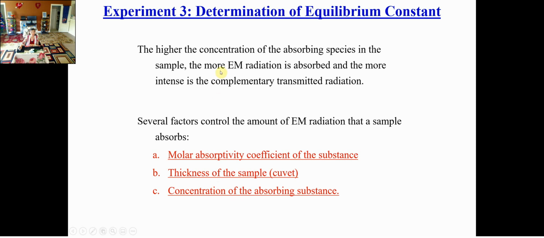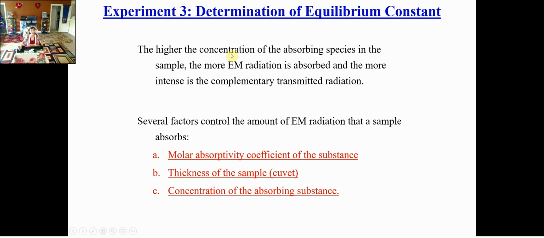That equation is called the Lambert-Beer's law. It tells you that when you measure the absorbance of different species, the concentration is a very important factor.